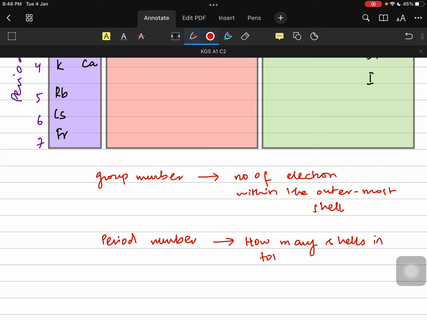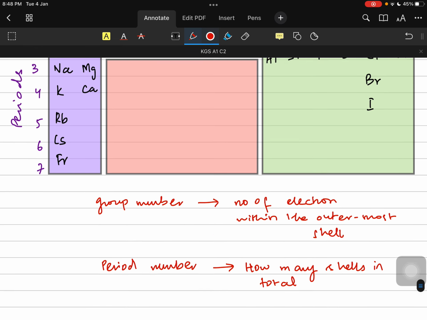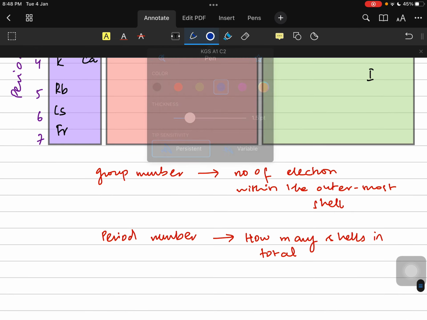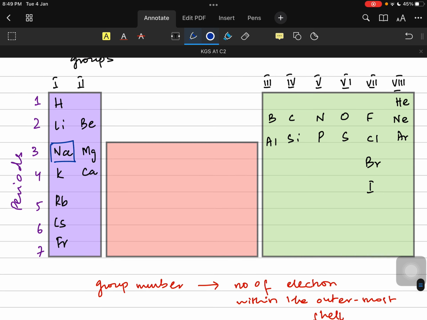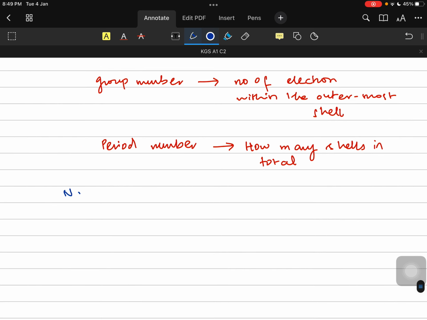So let's see, for example, when we talk about any random element, for example, sodium. Sodium is in group number 1 but period number 3. So it has 1 electron in the last shell, and because it is in period number 3, it has a total of 3 shells.